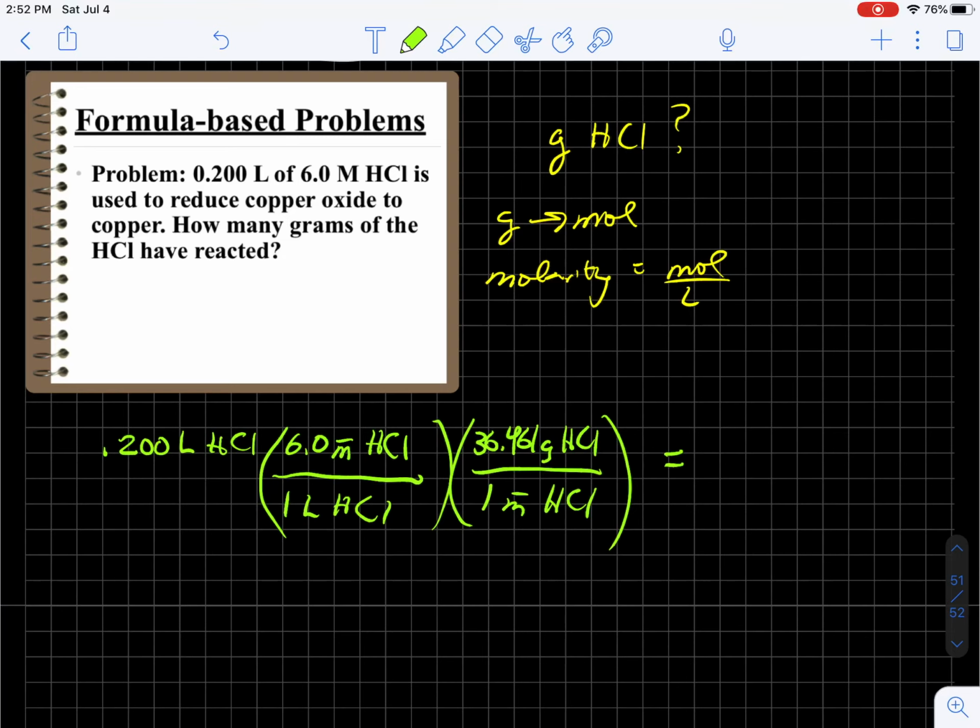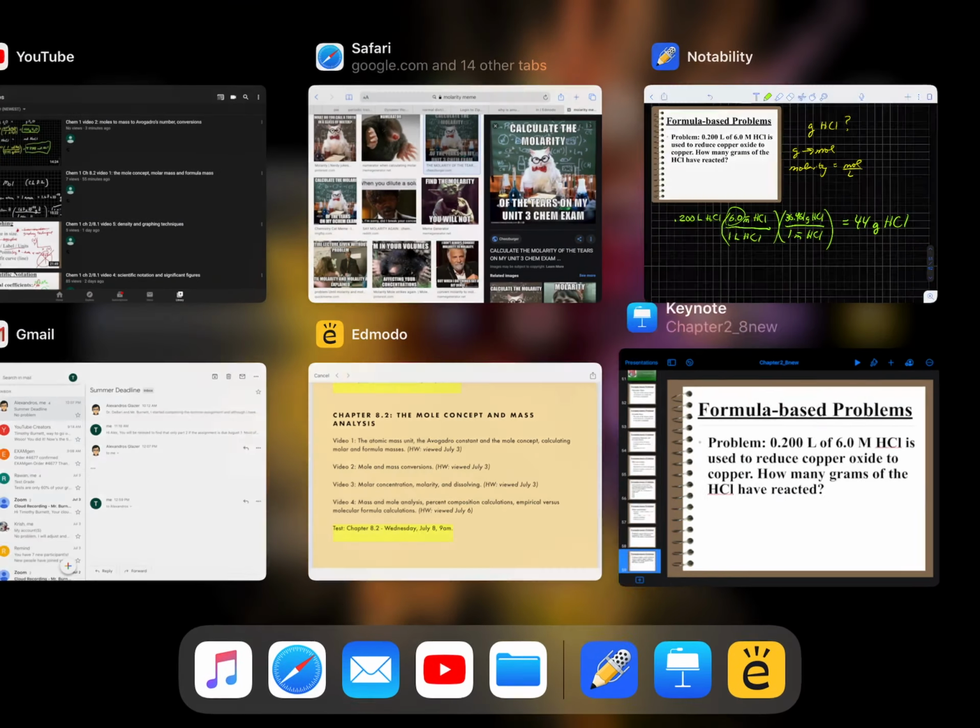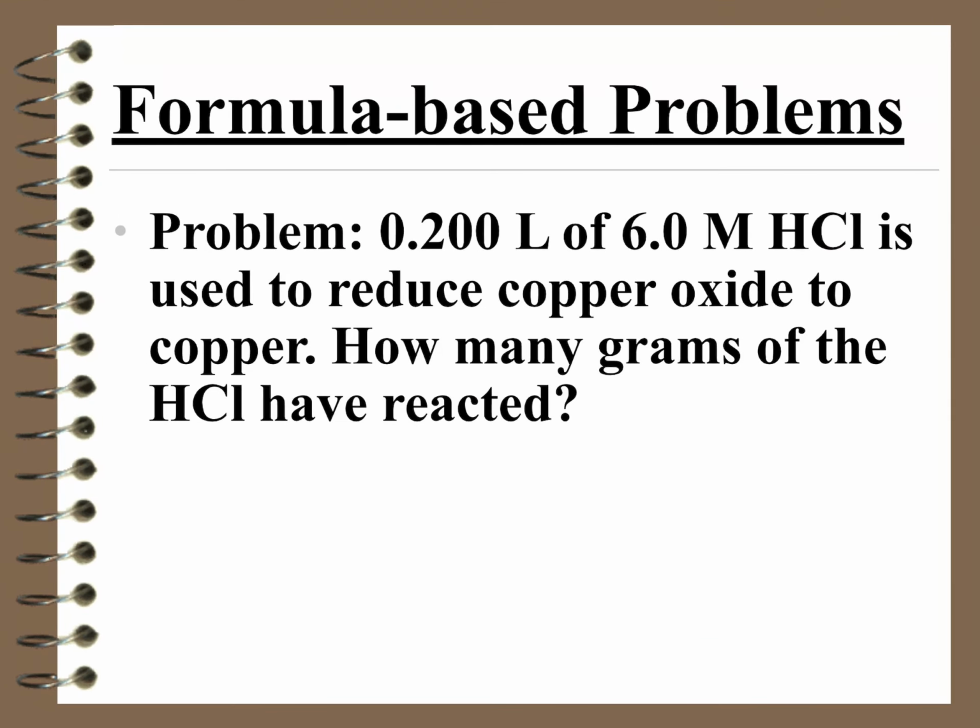So I'm going to do that number times 6 times 0.2, and that gives me 43.7532. So I'm going to do 2 sig figs here, because this is 2 sig figs, and that's going to give me 44 grams of hydrochloric acid solution. Easy. Don't complicate it. Doesn't have to be.